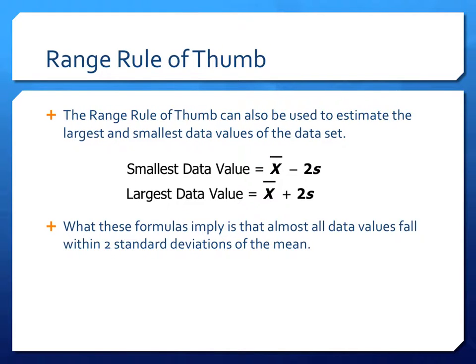Now, one of the things that you can use the range rule of thumb for is to estimate what the largest and smallest data values of the data set are. So you can estimate the smallest data value as x bar, which remember, x bar is the mean for a sample, minus 2 times s, which is the sample standard deviation.